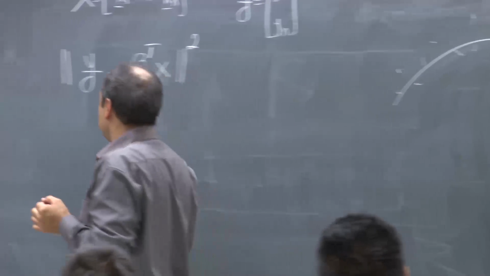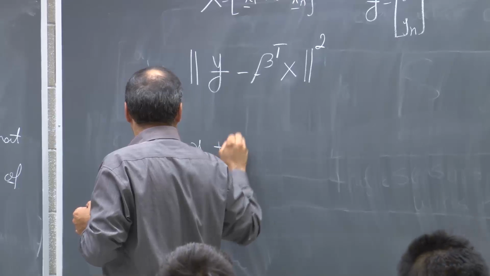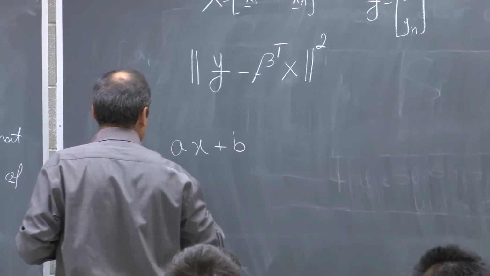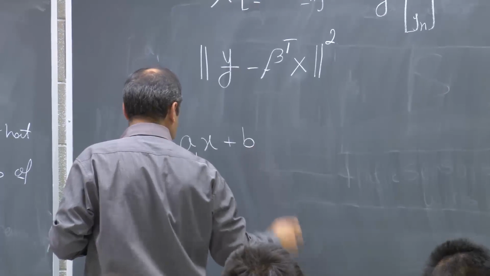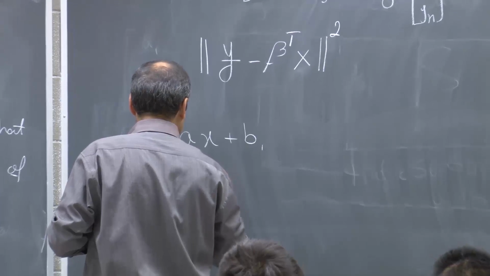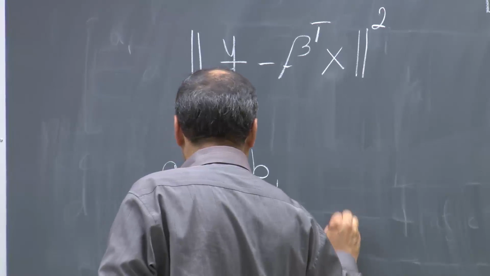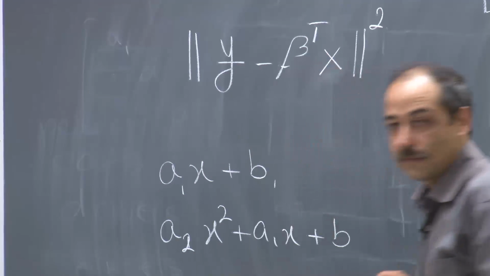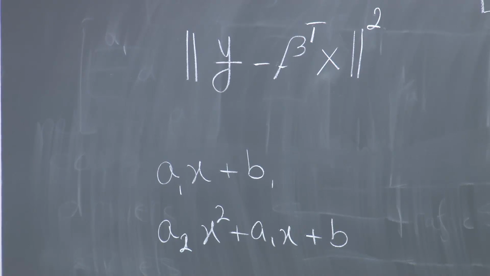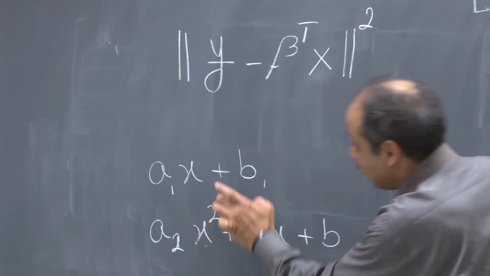So a linear function has this form. A quadratic function has this form. Right? See, I have a coefficient for x squared.